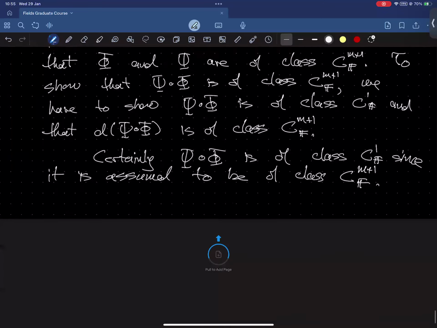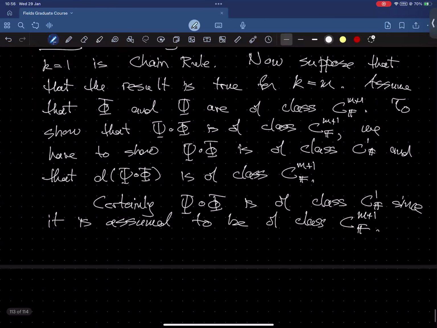Okay, so that part is easy. All right, so the interesting part is showing that the derivative d of the composition is of class Cm.